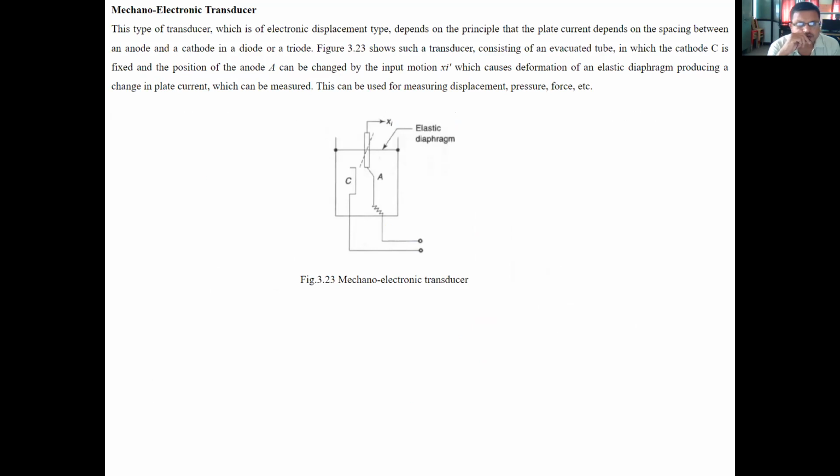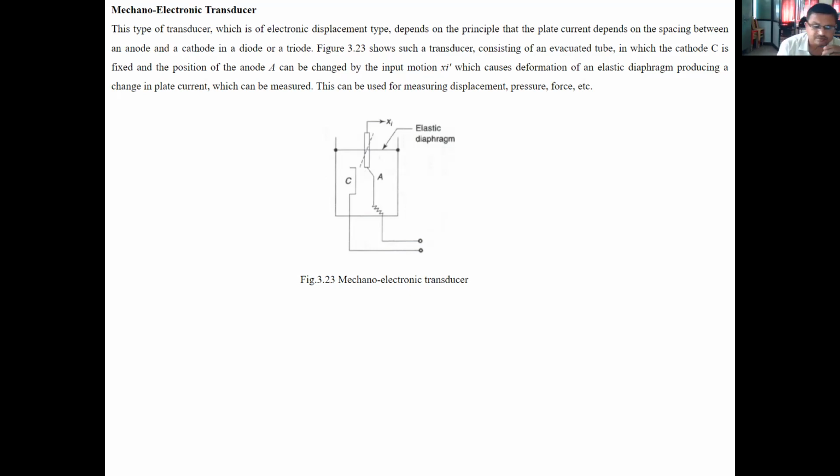Figure 3.23 shows a transducer consisting of an evacuated tube in which cathode C is fixed and the position of the anode A is varied by the input of motion xi, which causes deformation of an elastic diaphragm, producing a change in plate current which can be measured. This can be used for measuring displacement, pressure, force, etc.